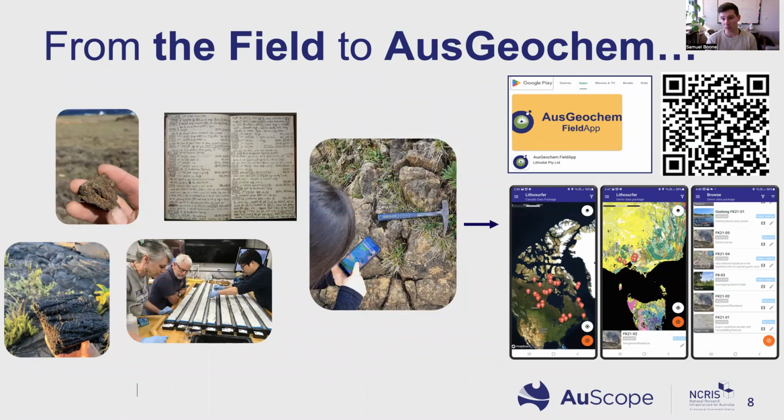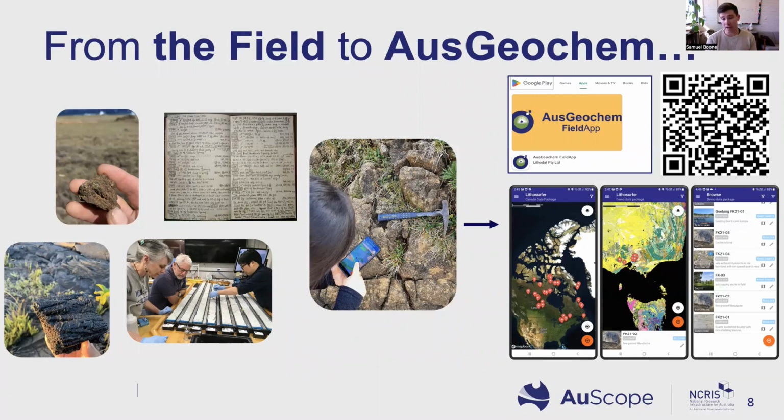And we have a field app, which is available on Android at the moment. This allows people to gather information directly upon sample collection, whether that be sample location, lithology or mineral types, images, notes, and this works offline.